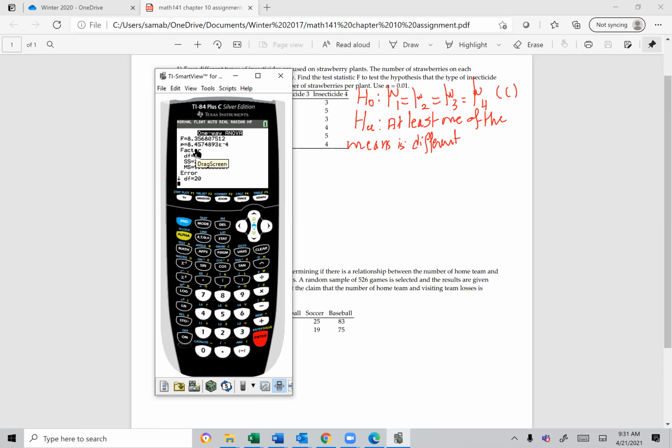So let me just write down what we did. ANOVA, L1, comma, L2, comma, L3, comma, L4. F equals 8.36. When the test statistic is large, guys, the p-value will be small.